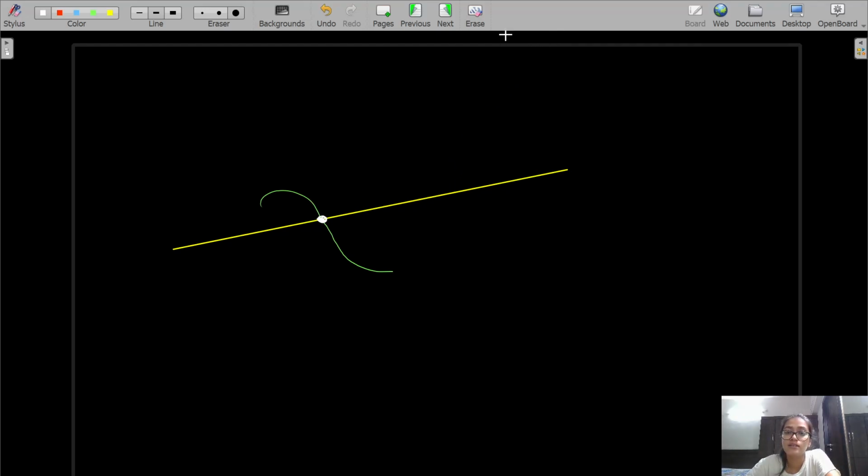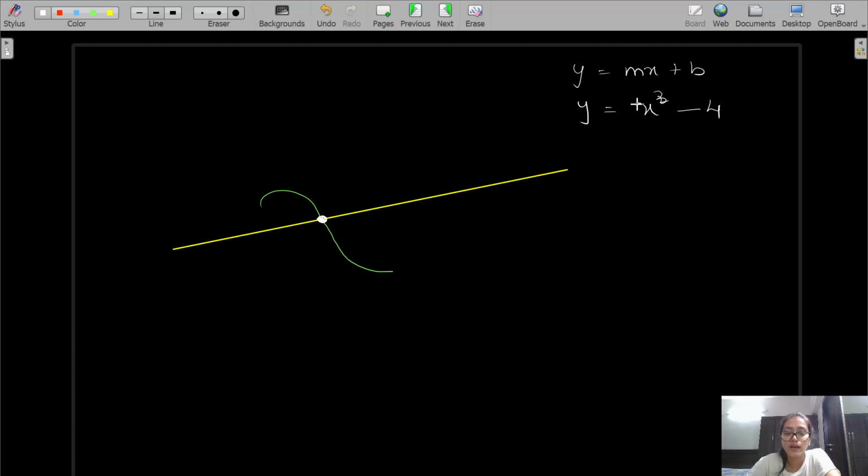So always the equation of the line will be given to you, y equals mx plus b, and the equation of the curve will also be given to you. So let's say that the equation of this curve is y equals x square, or it can be x cube minus 4 or whatever.